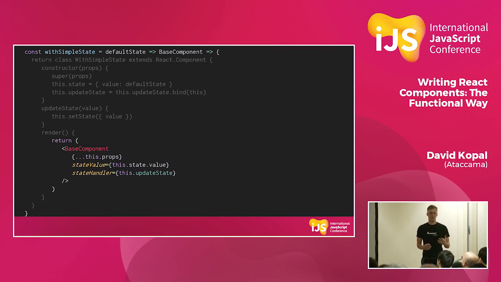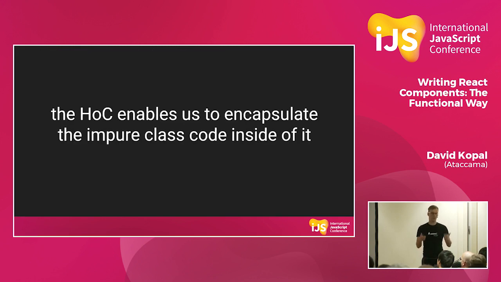So it's still a pure function because the purity of a function is judged from the outside, regardless of what's going on inside. So what we did is hide the impure behavior inside our higher order component, which is a pure function. So we can encapsulate the impure function inside our higher order component.